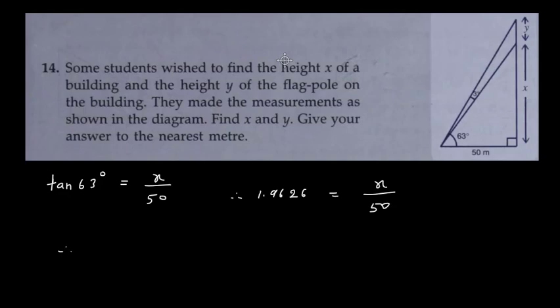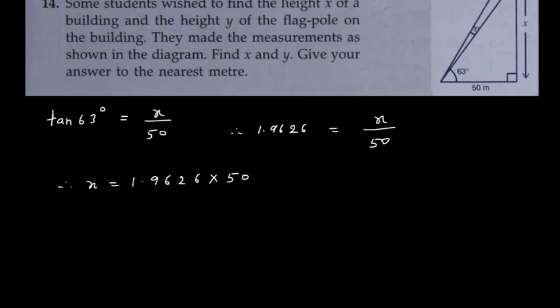Therefore this value x is equal to 1.9626 multiplied by 50. This 50 is 5 into 10.